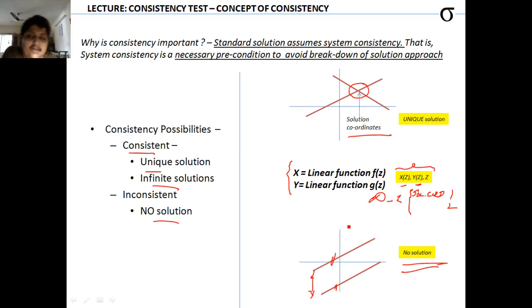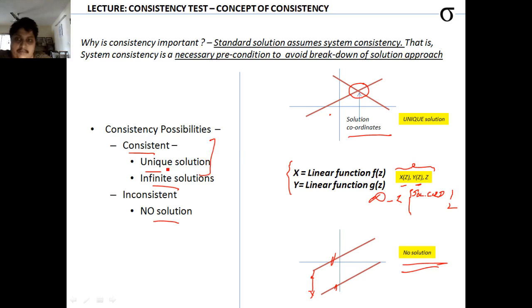As I said at the beginning of this lecture, when you run a system of linear equations through solution without doing the consistency test, you would be able to solve it using the standard approaches only where you have the case that is consistent with a unique solution.